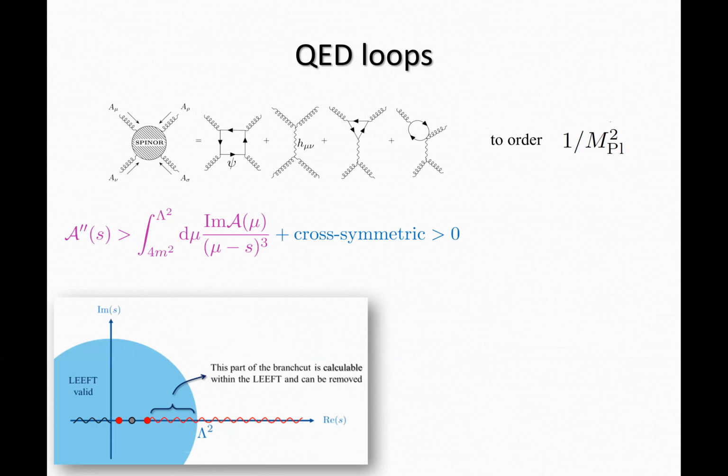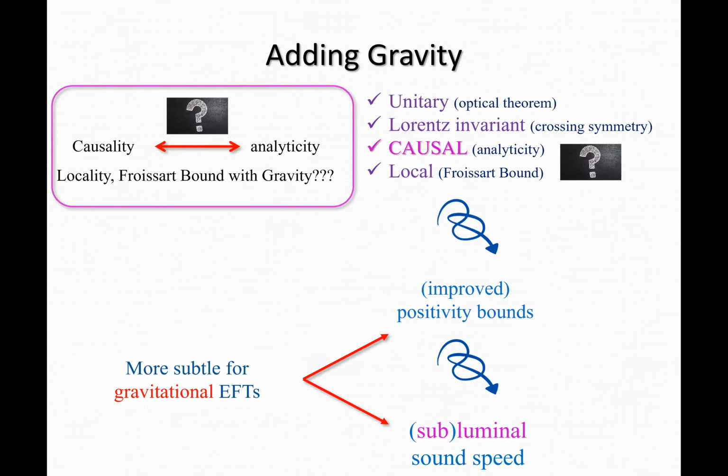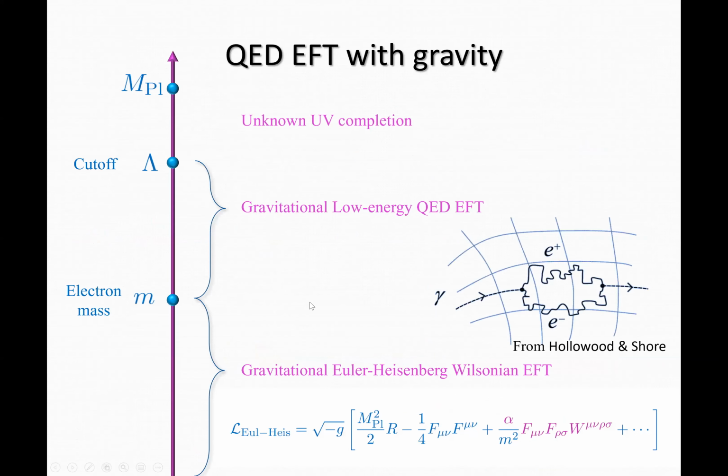Yeah, so it's completely agnostic to what happens at that scale. It could be that there are new operators that came in that you hadn't accounted for. I never wrote it down because I thought it was obvious. But here I have QED minimally coupled to gravity, and I don't include any other operator.